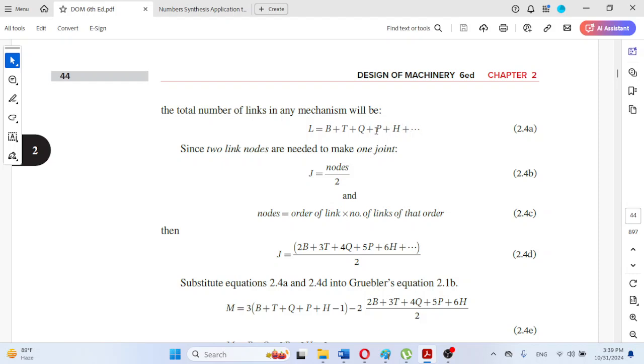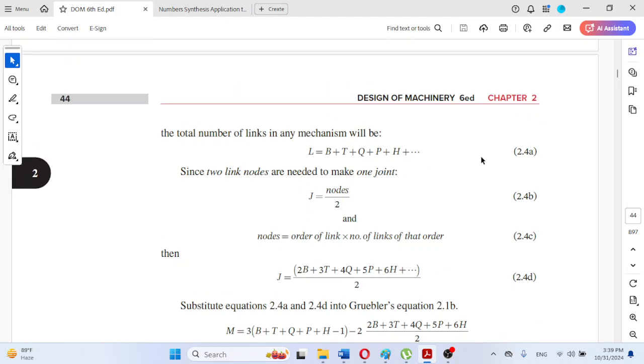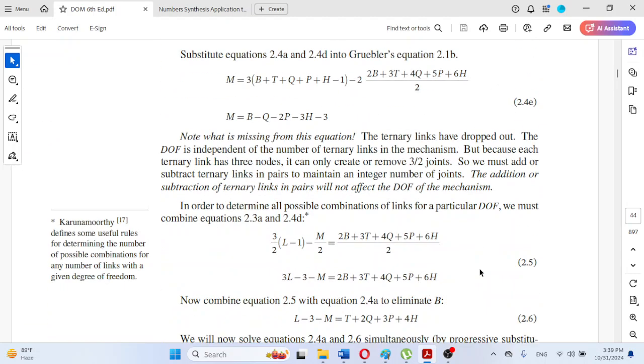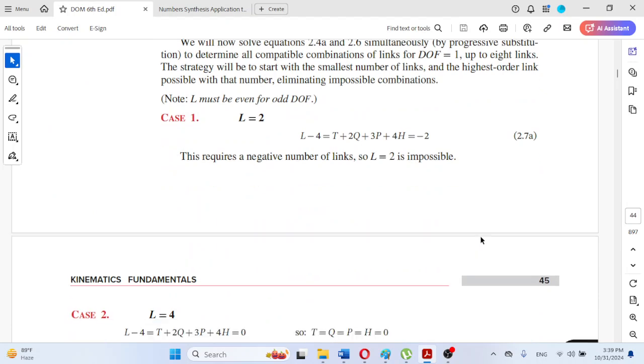When certain types of links are added up, they give the total number of links, which has been denoted by the letter L. In a similar manner, for this analysis we must remember these two equations, 2.4a and 2.6. These two equations are the decision making and final equations which will be used for the synthesis process.